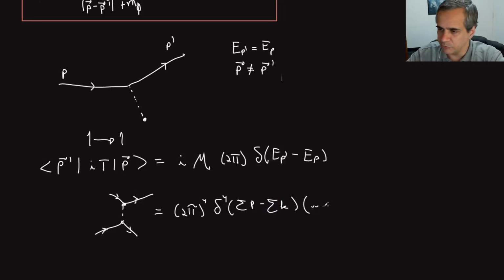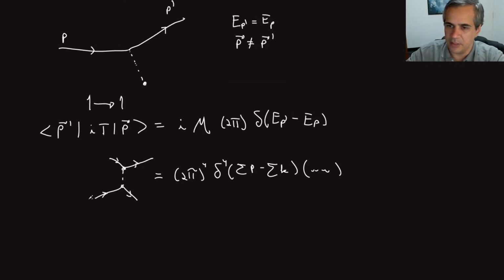And times the rest, I mean, the expression for the invariant matrix element, right? Now, since I'm not observing, I'm saying the momenta of this guy basically does not change because it's too heavy, right? So I have to integrate over this.